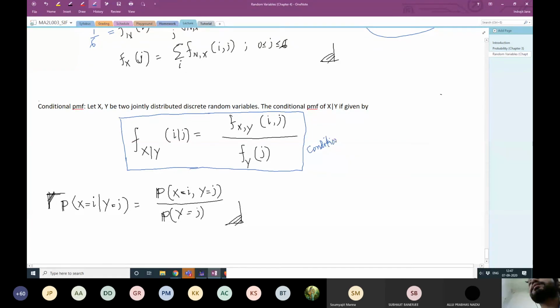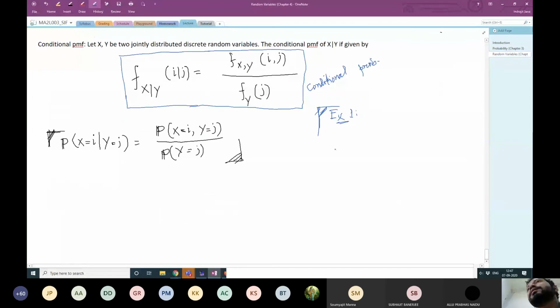So for example, in example 1, if I ask this question, say X given N, 3 given 5, which means what is the probability that X is equal to 3 given that N is equal to 5?